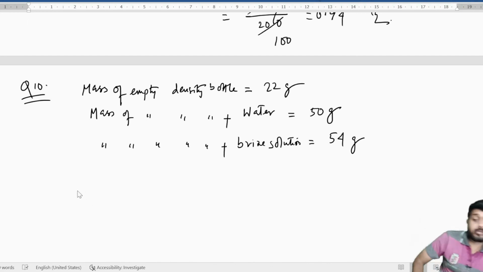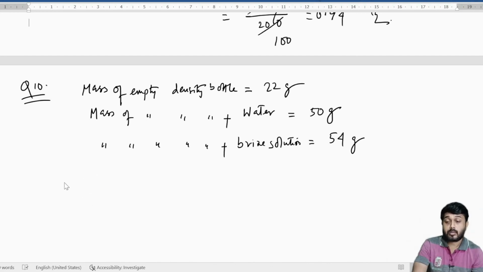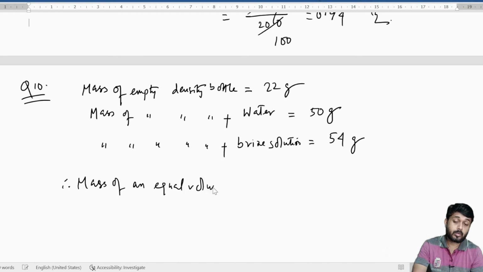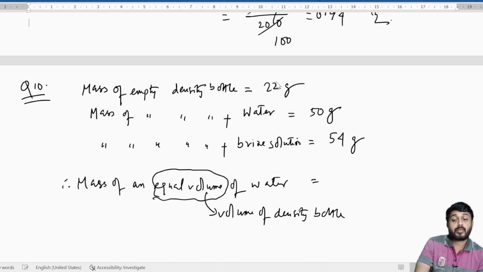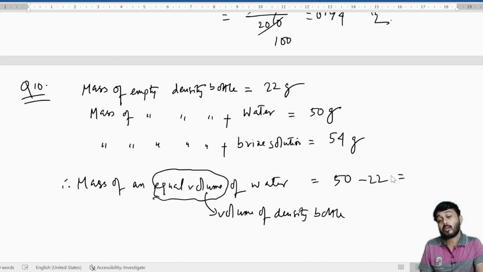So what should be the mass of an equal volume of water? What is that equal volume? Volume means volume of the density bottle, keep it in mind, equal to 50 minus 22, right? 50 minus 22, or 28 gram.